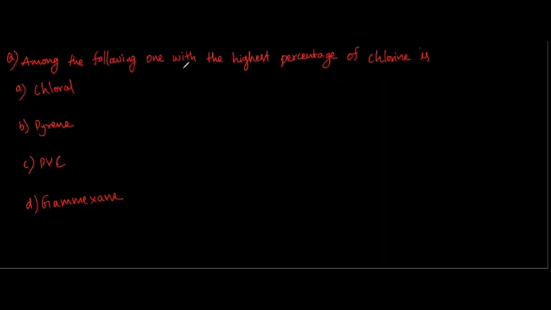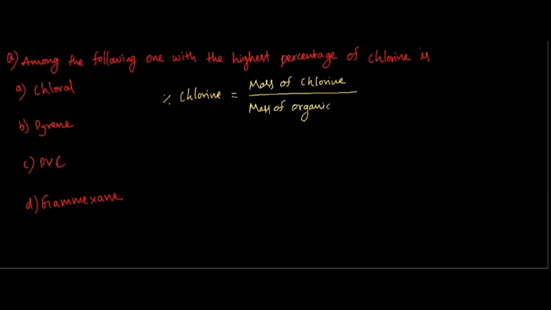Among the following, which one has the highest percentage of chlorine? Here, the percentage of chlorine equals the mass of chlorine divided by the mass of the organic compound, into 100.